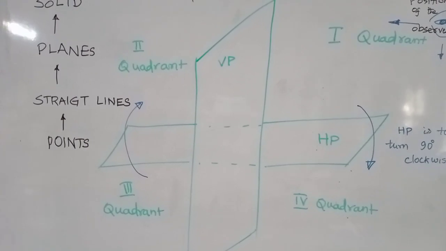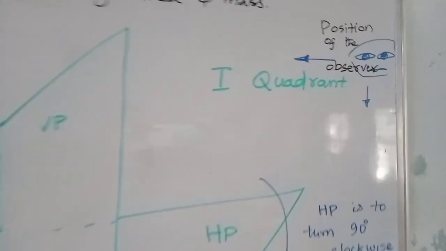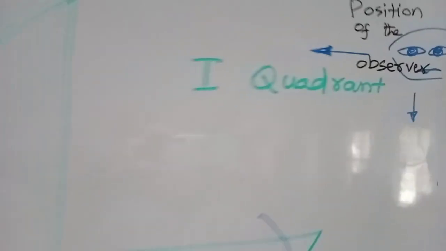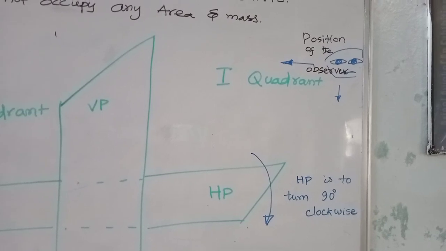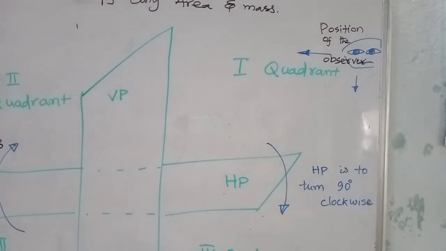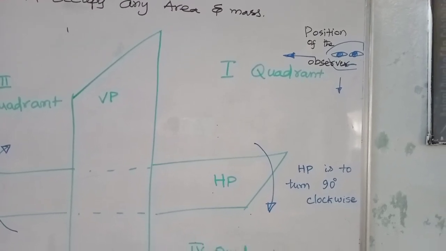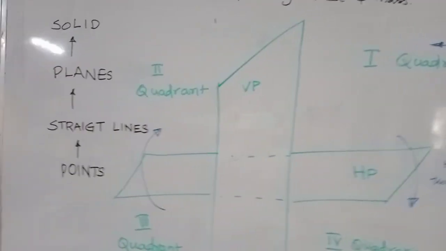So we have to identify where the point is. Let us say the point is in the first quadrant, where I am showing here. We can say the point is in the first quadrant, where it is in front of the vertical plane and above the horizontal plane. Let us say the point is in the second quadrant.